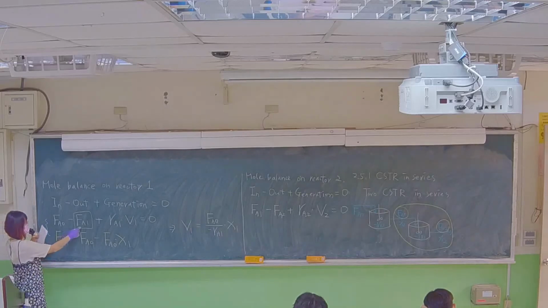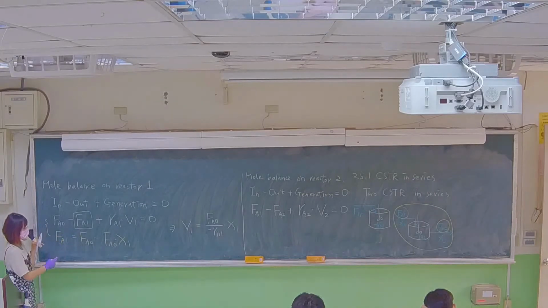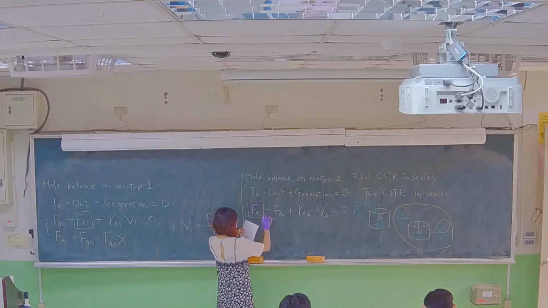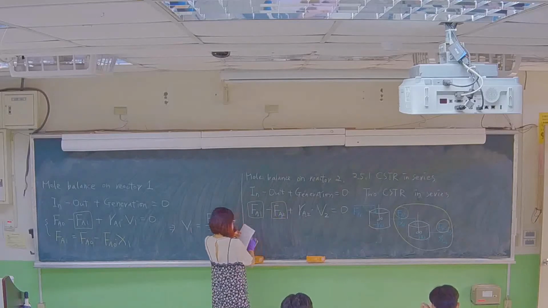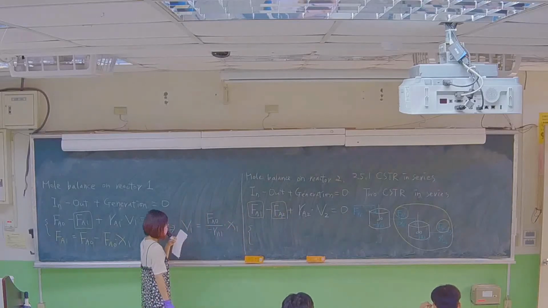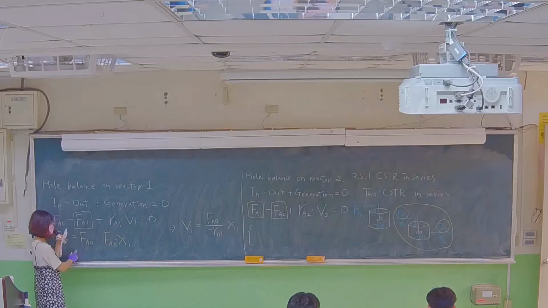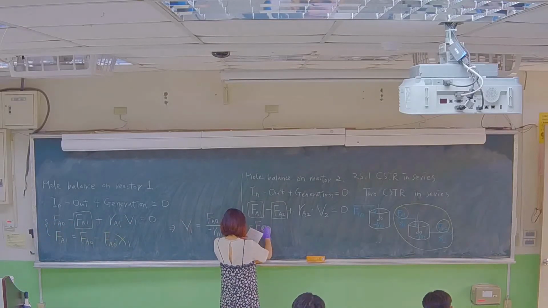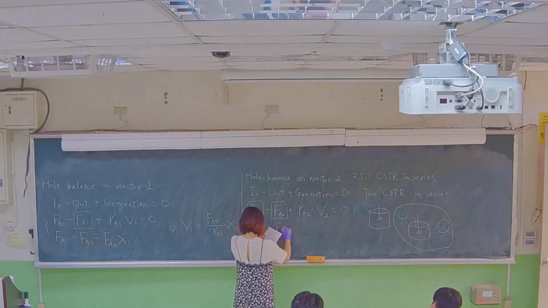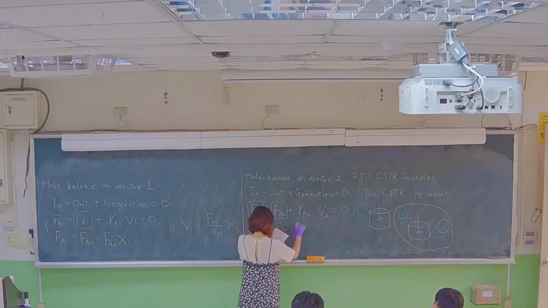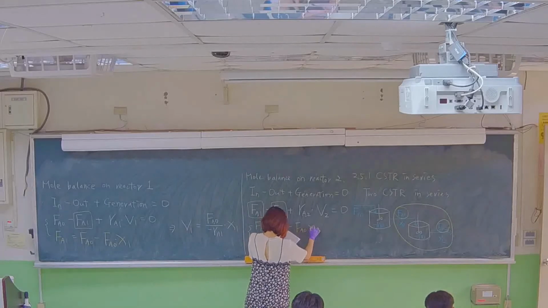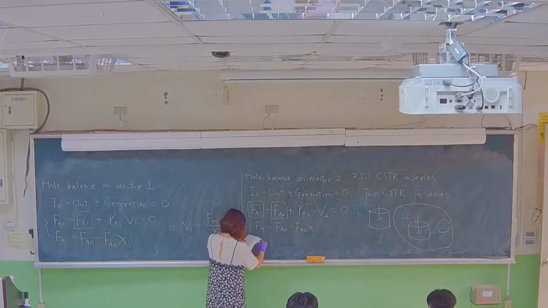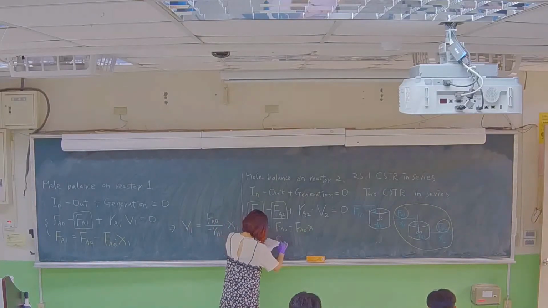So what's next? Previously, I replaced FA1 using conversion, right? So now, I want to replace FA1, FA2 using the formula for conversion. So just copy this one. FA, let me write down the same formula twice.